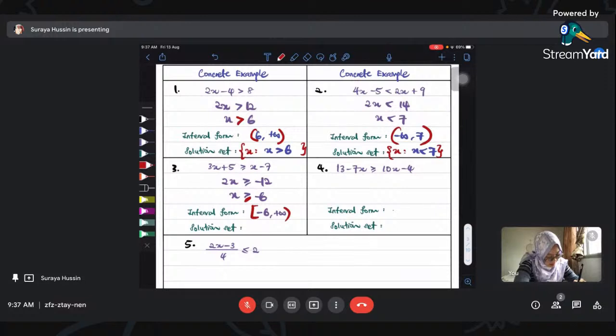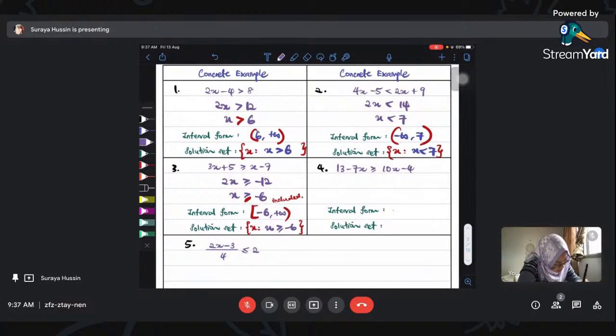So, kenalah letak close bracket. So, yang ini x is more than or equals to negative 6. Nombor 4 pula.